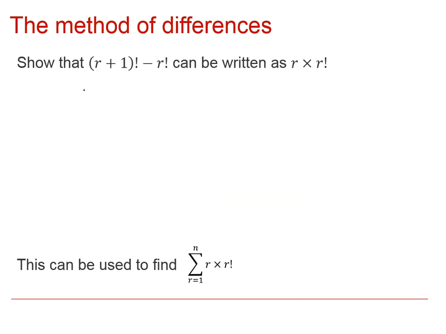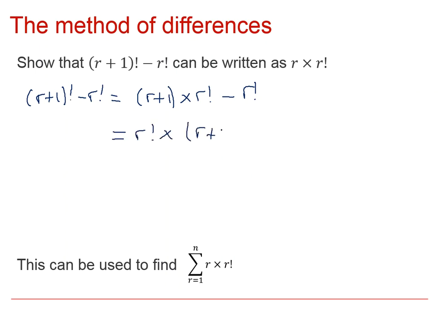And in terms of simplifying, that can actually help us out. So if we've got r plus 1 factorial minus r factorial, that is the same as r plus 1 times r factorial minus r factorial. And now we can take out a common factor, r factorial times r plus 1 minus 1.